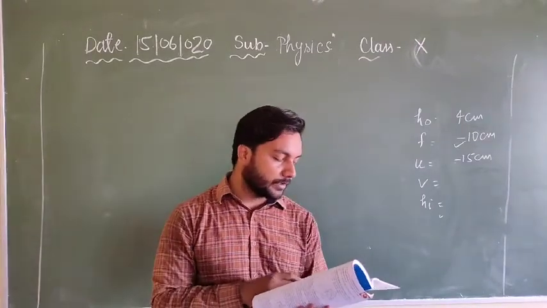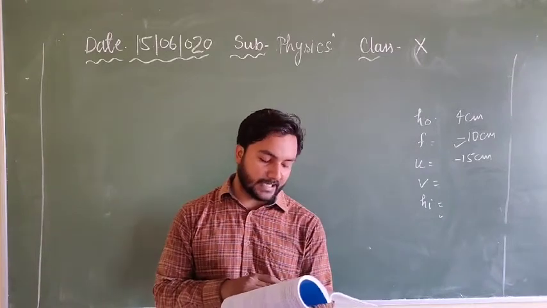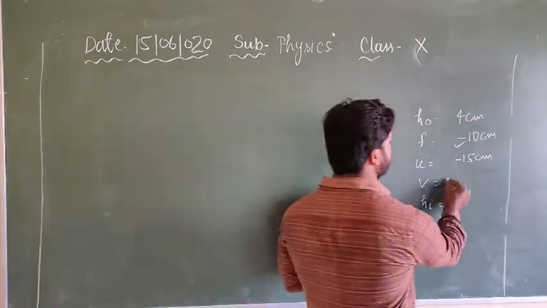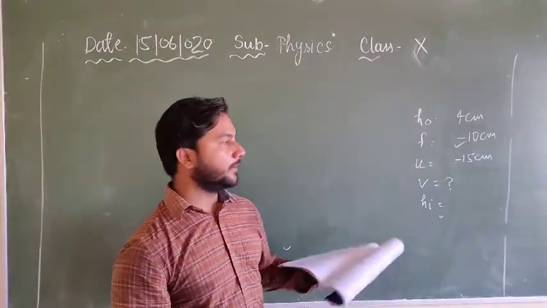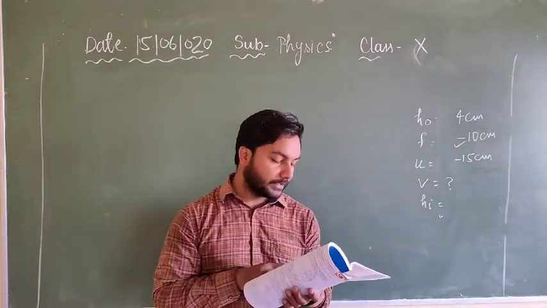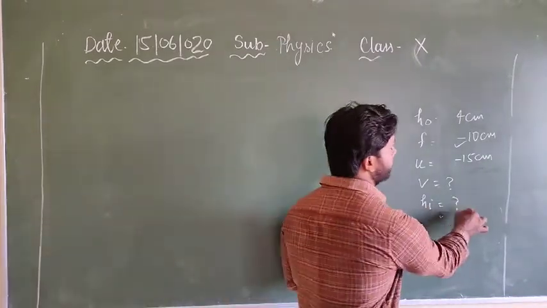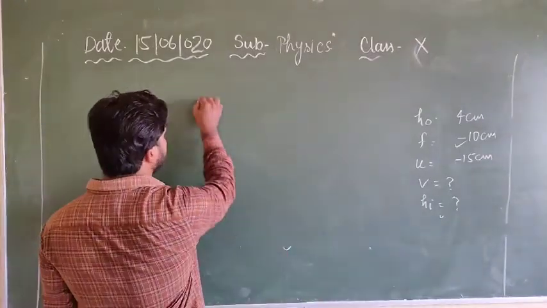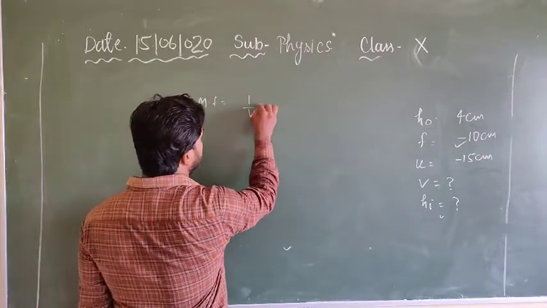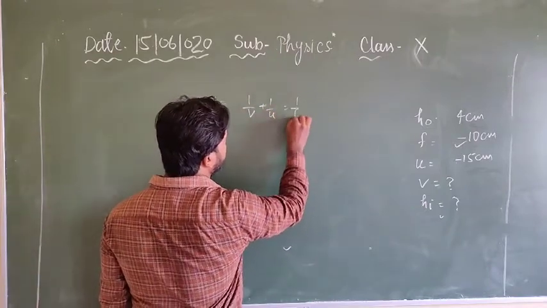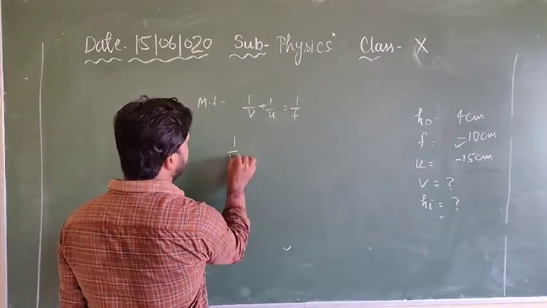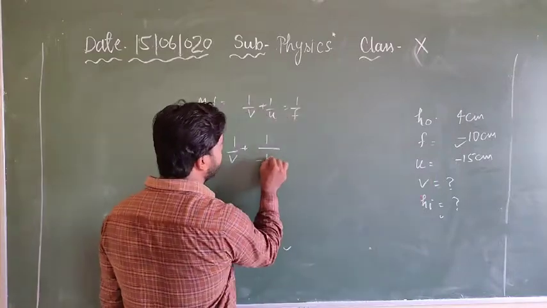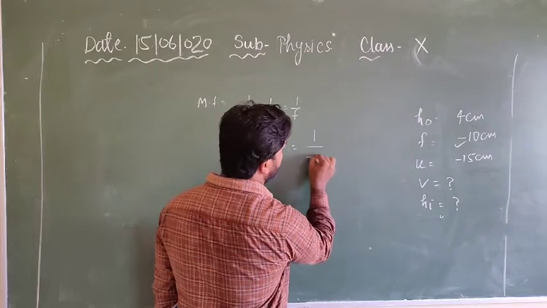Now, at what distance from the mirror should a screen be placed to obtain a sharp image of the object? At what distance? So in this question, we are being asked V. Calculate the height of image. This is same as the previous question. Using mirror formula, 1 by V plus 1 by U equal to 1 upon F. I don't know the value of V, so put here the value of U, minus 15, and 1 upon F, F is minus 10.